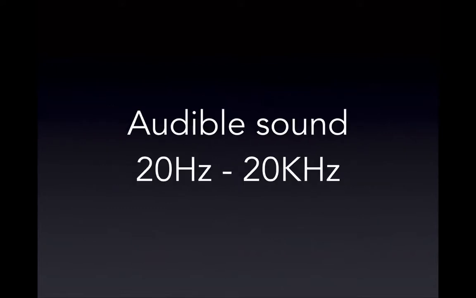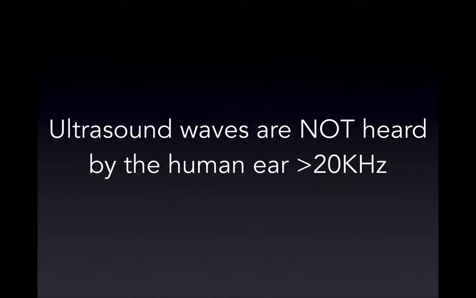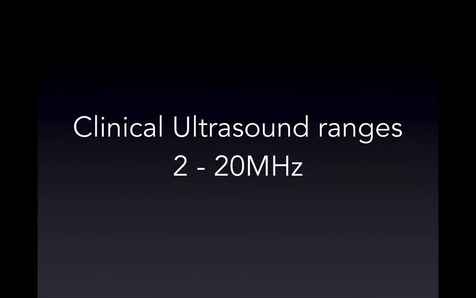So your ear will perceive audible sound within that range of 20 hertz to 20,000 hertz. So unless you have dog genes in you or you're part wolf, you're not going to hear anything greater than 20,000 hertz.